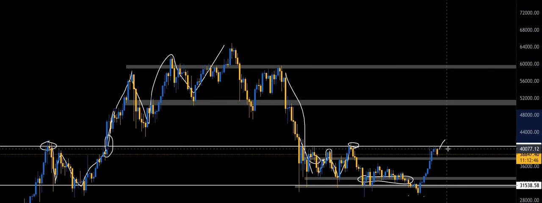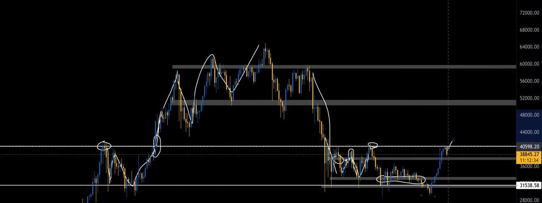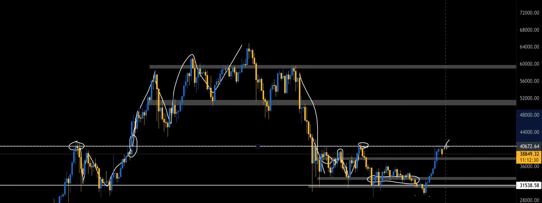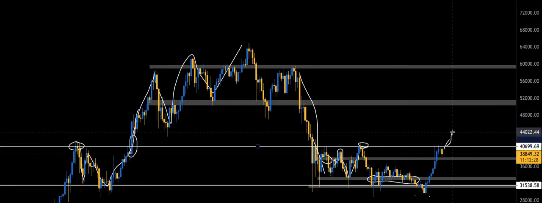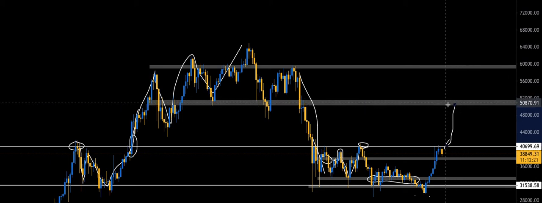This is why we also expect in this scenario to see something similar, because this is a very strong resistance line. It's proven through the past to be a very strong resistance line, and most likely, once we break this strong resistance line, we will see a breakout. And we expect to see the price reaching the $50,000 resistance zone.